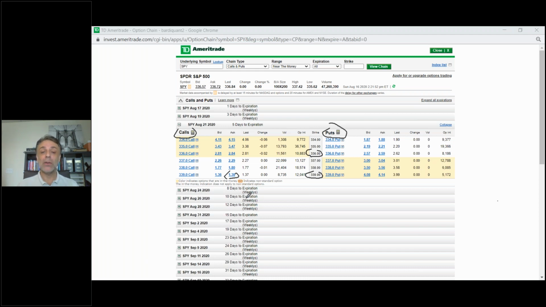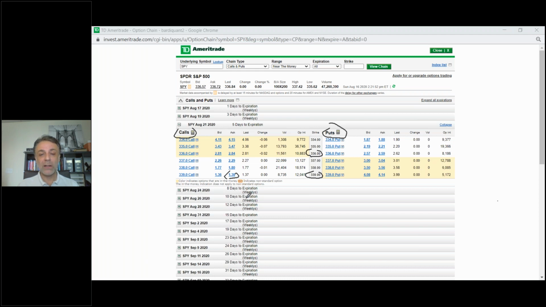Then you have the right to buy at 339, so you make $6 on that trade, because you locked in the price at which you have the right to buy that security. That's the idea.